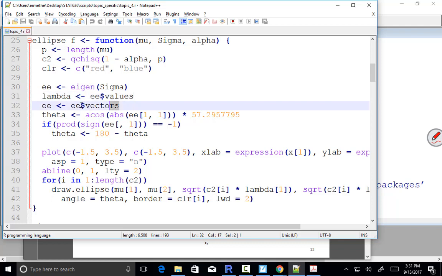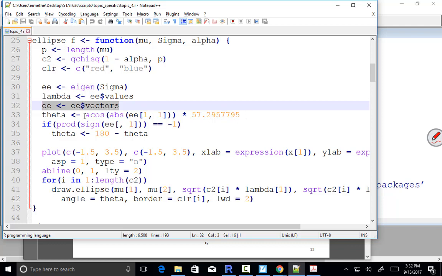This piece called vectors is a matrix, and each of its p columns contain eigenvectors. So the eigenvector matrix here is a p by p matrix, and its columns are the eigenvectors. First column is the first eigenvector, second column is the second eigenvector, and so on. I'm just pulling apart these pieces so that I can refer to them easily. Lambda are the eigenvalues, and EE, I renamed to just be the matrix of eigenvectors.